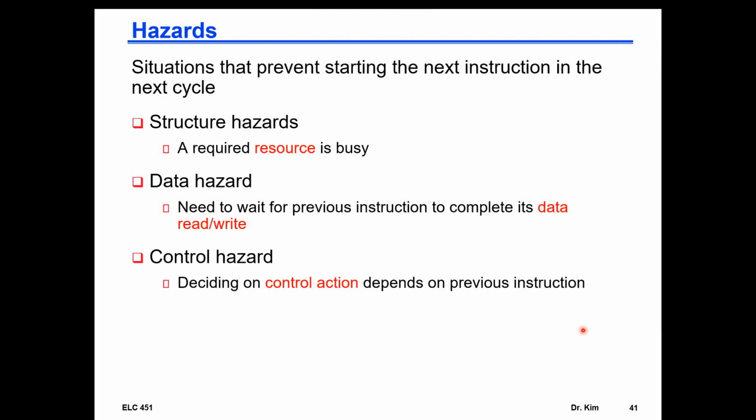There is a whole body of knowledge on how to deal with branch prediction and speculative program flow control. We're going to talk about some of that, but control hazards are the most challenging to deal with.